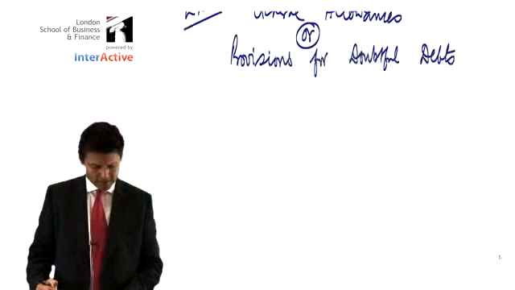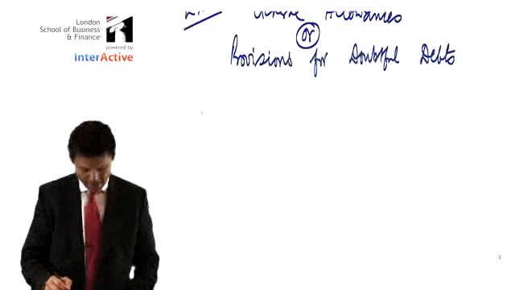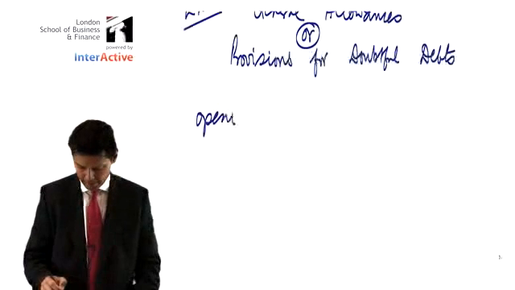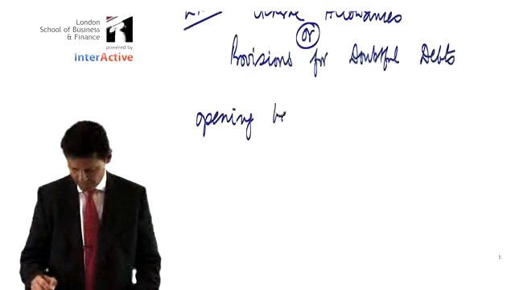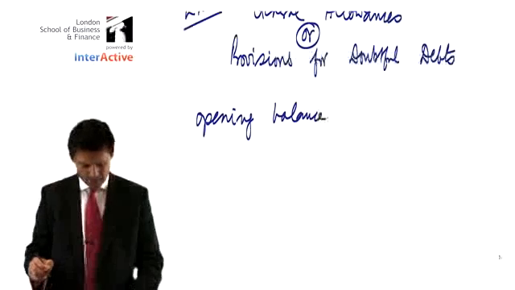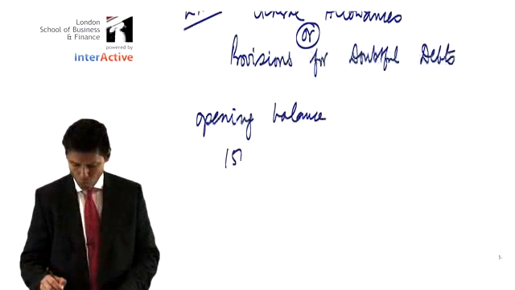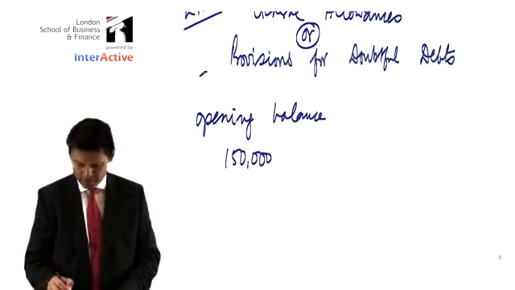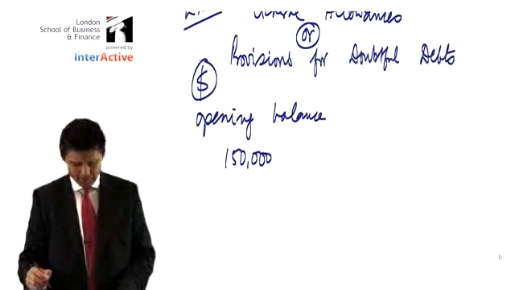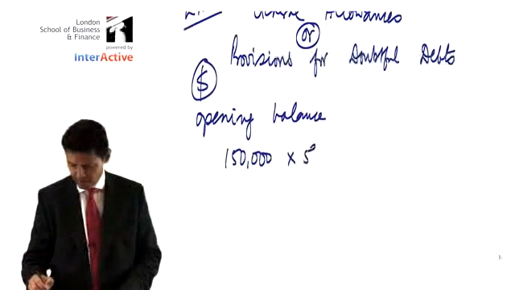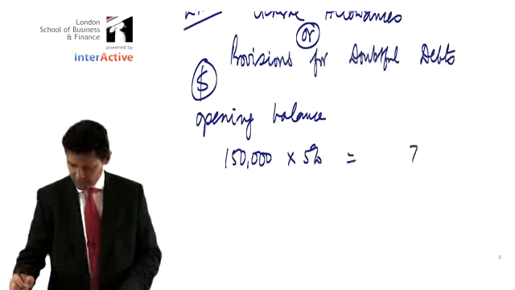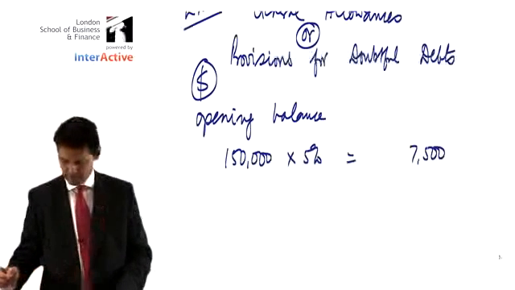So how shall I do this? Clearly you have an opening balance which is 150,000, it's all dollars, let's get rid of that worry, 150,000 multiplied by 5%, which is clearly 7,500.